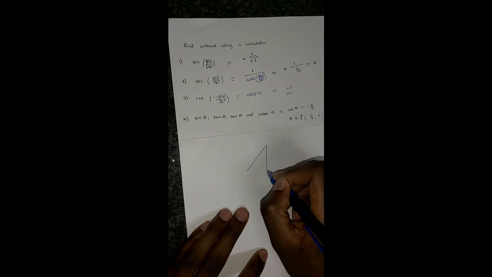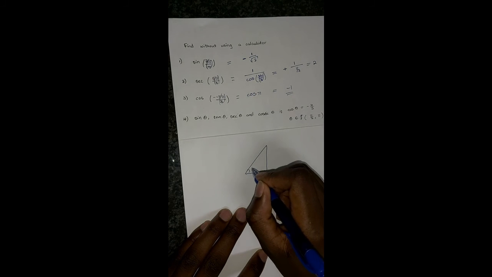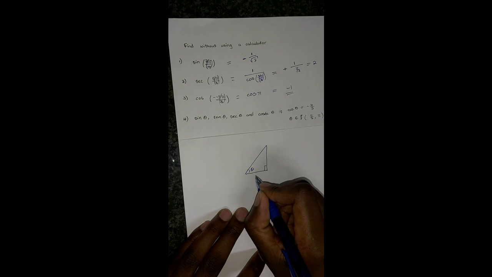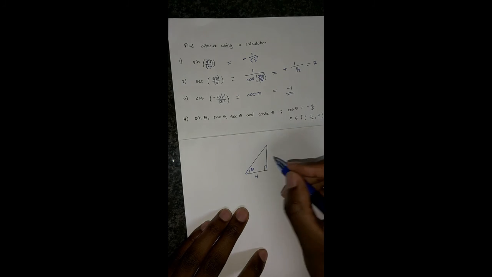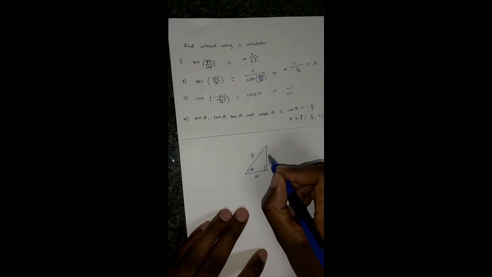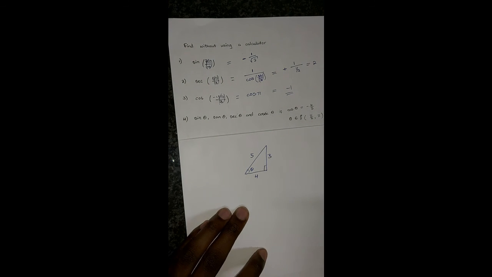On our triangle, we have theta over there, that's 90 degrees. Cos is adjacent over hypotenuse, so this is your 5, this is your 4, that's your 5. If you use Pythagoras, you're going to get that one as 3.